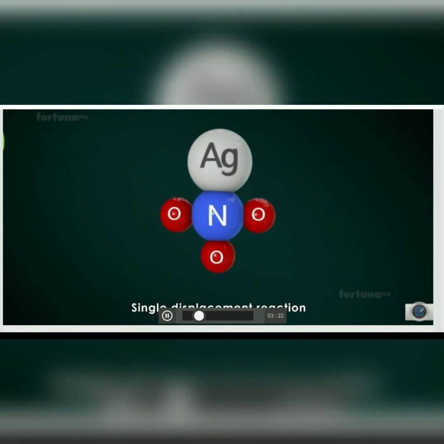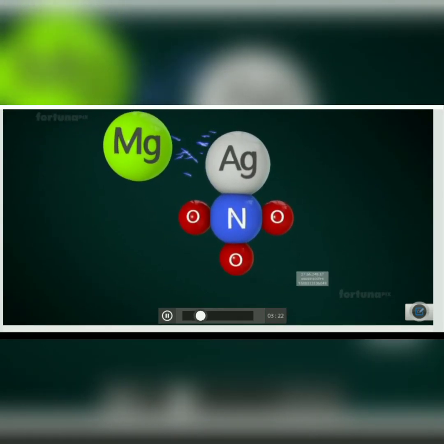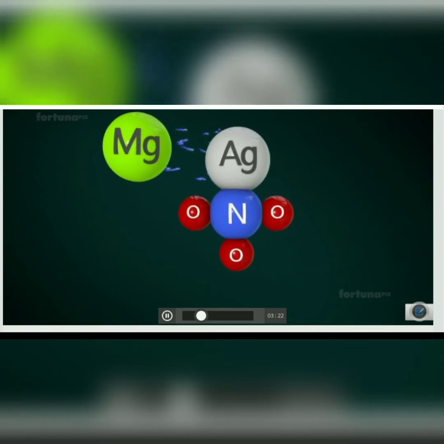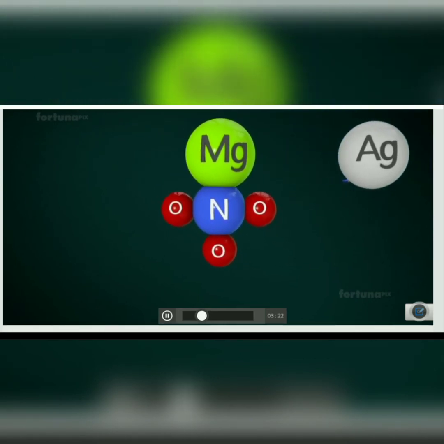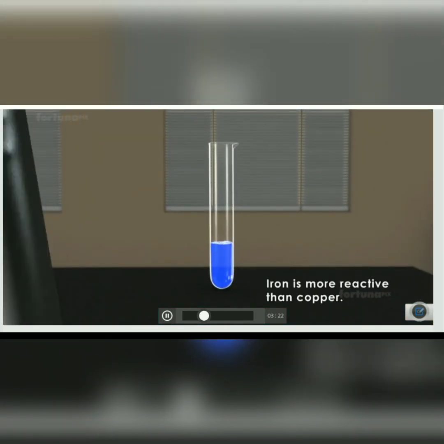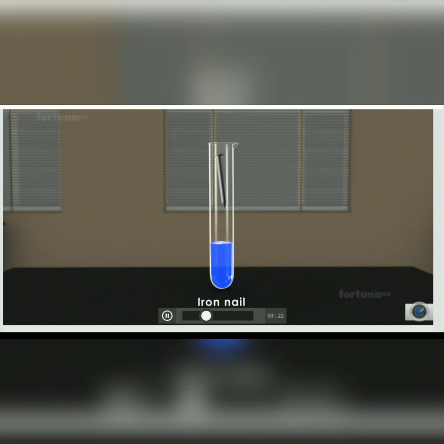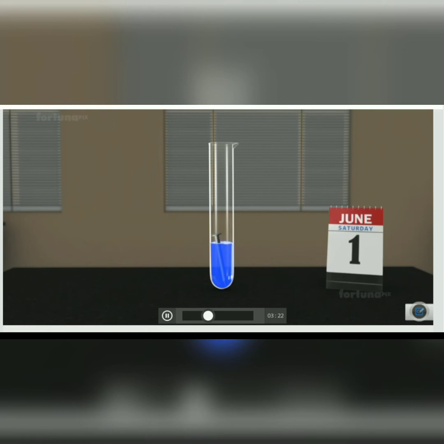So student, as I told you, in a displacement reaction, a more reactive element displaces a less reactive element in a chemical reaction, as you can see in the video. For example, iron is more reactive in comparison to copper, so iron is capable of displacing copper. To show a displacement reaction, we put an iron nail into copper sulfate solution and keep the solution for a week.